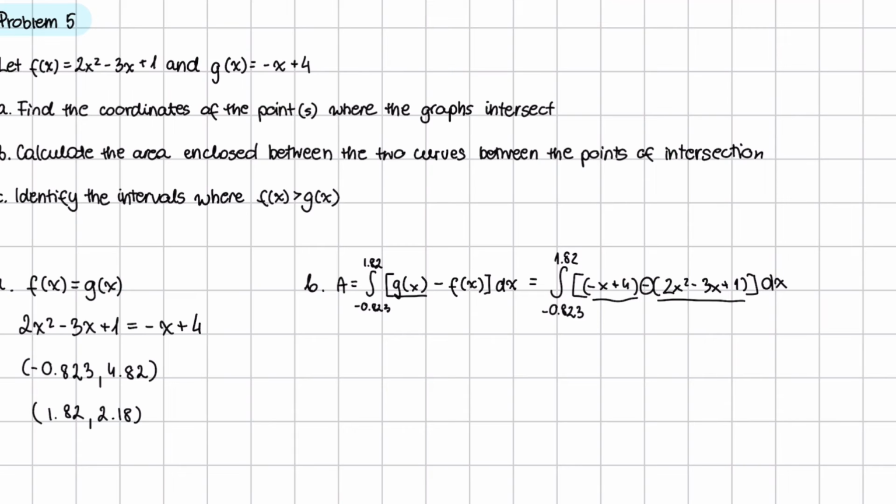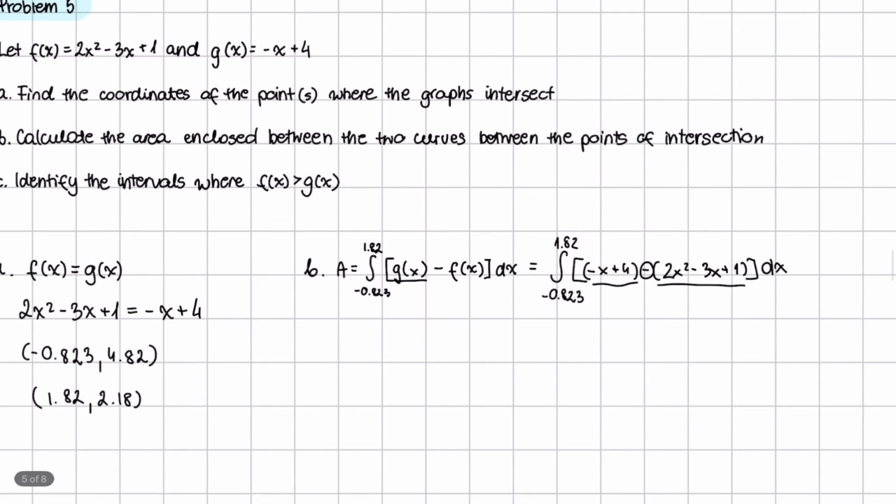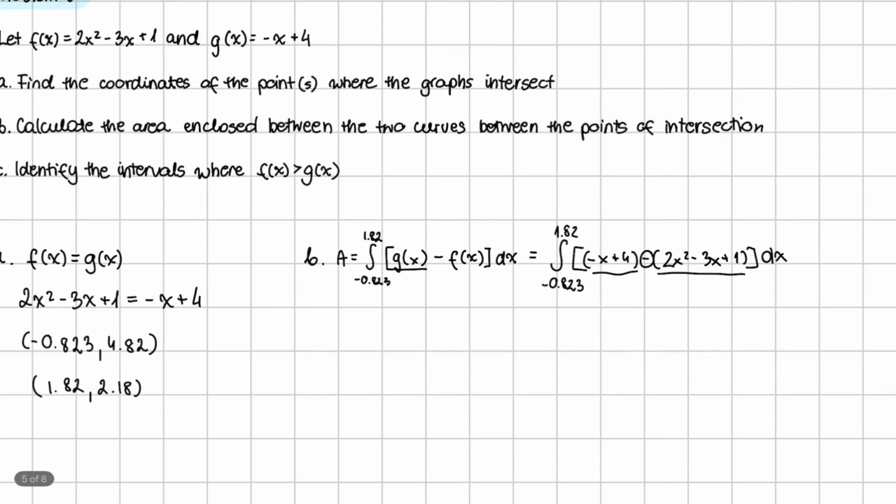And now, because our integral is definite, we can simply calculate it on our GDC by choosing Run Mathematics, and then Math, and then the sign of integration with the x, and we can write everything as you can observe on the screen, and you will have the result.